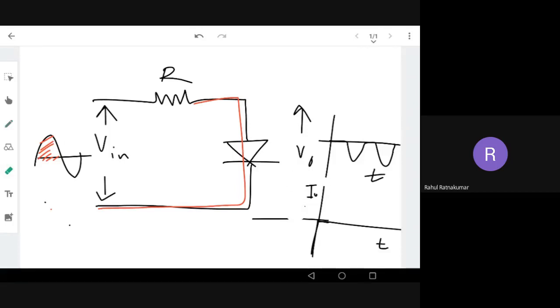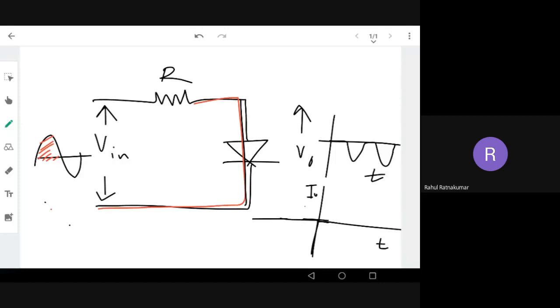In the positive half, when the output voltage is present and the positive waveform is input to the system, the diode is a short circuit, so maximum current is going to pass through the circuit. What is the shape of the current waveform? Exactly as per the voltage: if voltage is increasing, current is increasing.